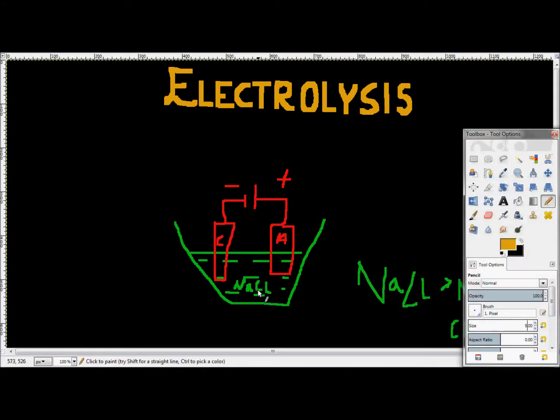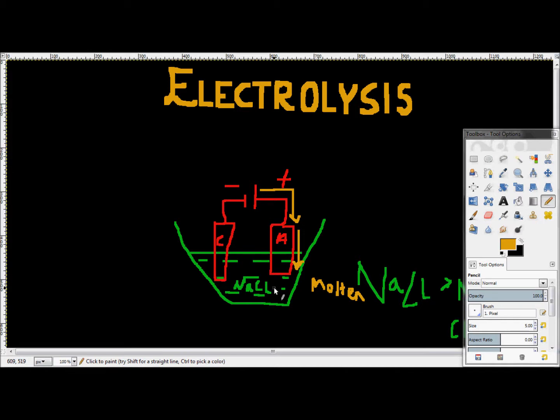So let's just imagine how the process would go. Current starts flowing over here, goes to the anode, no problem here, and as we just learned, since this is molten, we're taking in this example molten NaCl. Since the bonds are weak, we do have free mobile ions that can move around.